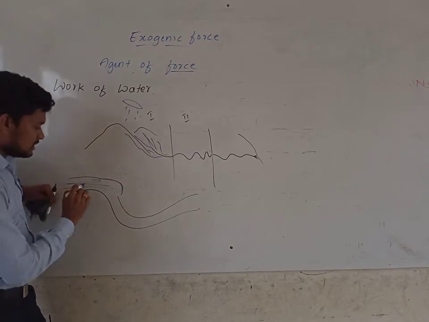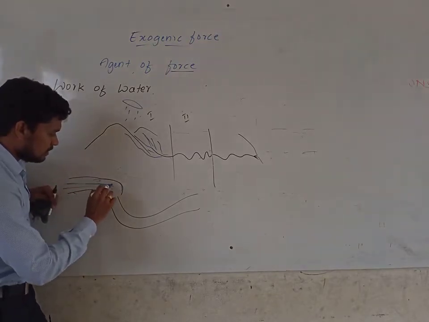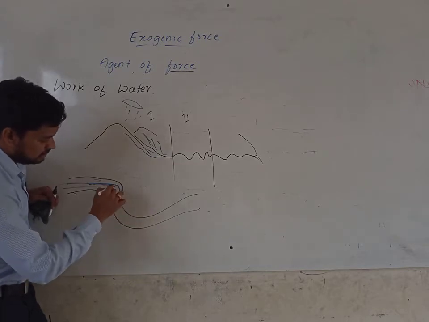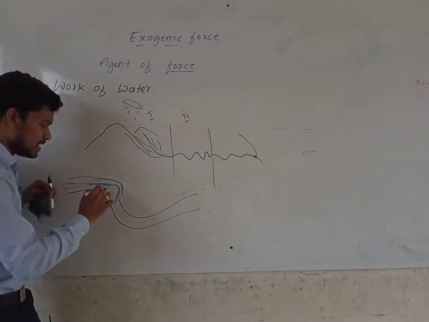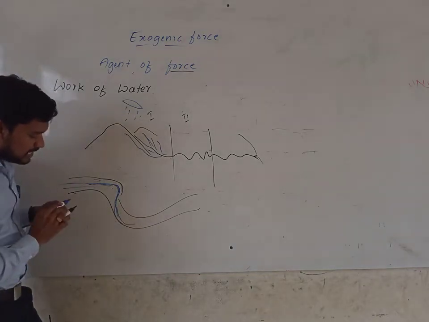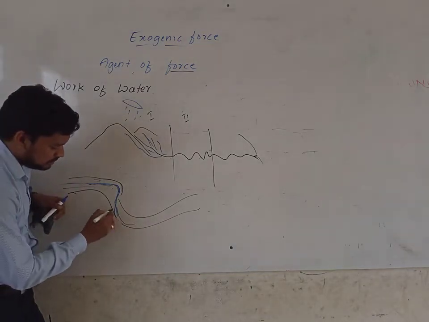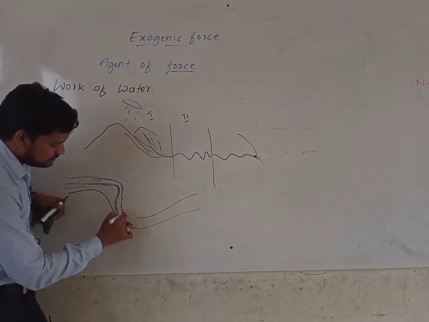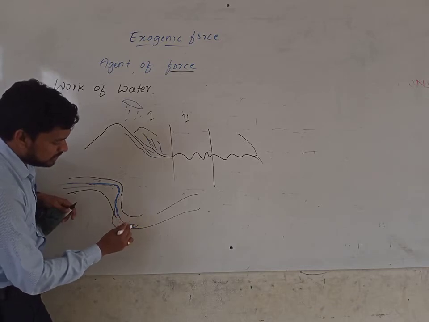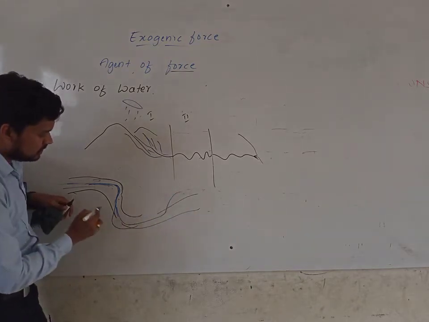Then, after hitting this boundary, it turns again to this side. The water returns back like this. Then again, it will move. The same process happens in every corner, and it extends like this. Again, it moves towards the sloping areas, and that's the reason.